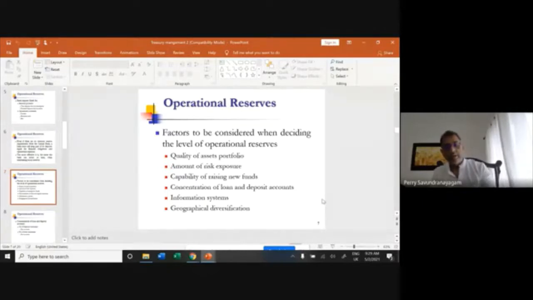The quality of the current portfolio assets that you have, the risk you're exposed to, and your ability to go out and borrow funds if you do not have enough reserves at any given time. How much of your loans are long-term, how much of your deposits are long-term and short-term, and so on. The information you have and how accurate that is, and obviously your geographical diversification.